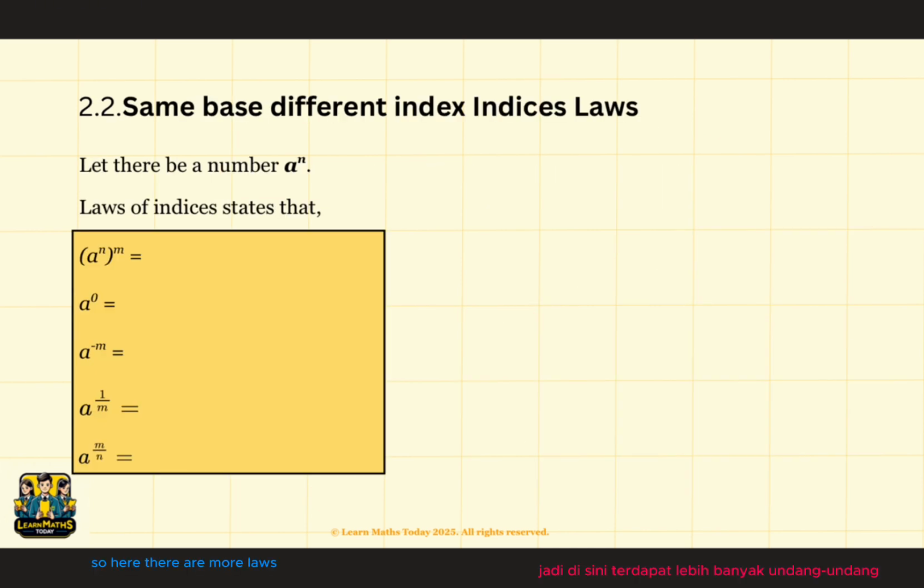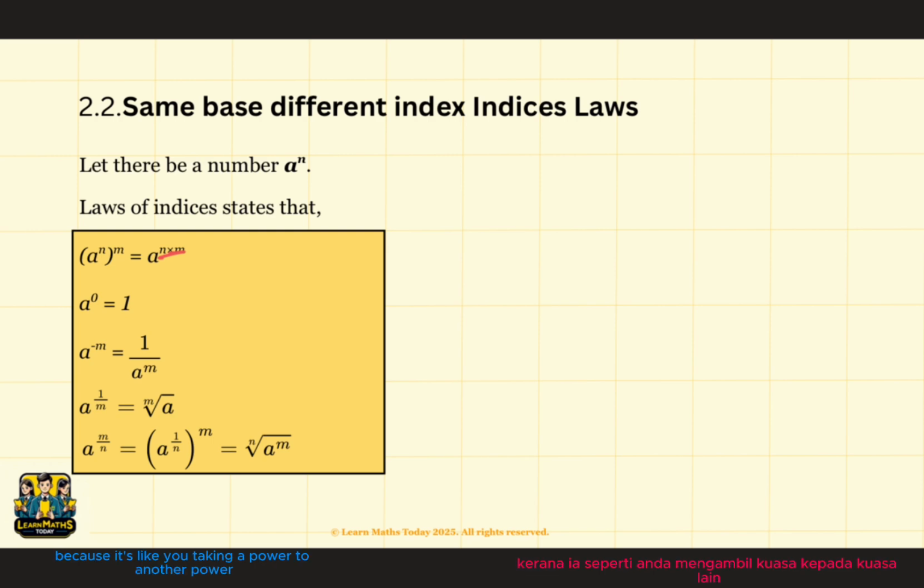So here, there are more laws which are easy to identify and use. So here are the expressions. If it's a to the power of n bracketed and then there's an m outside, you multiply it, because you're taking a power to another power, so you multiply the powers together. Now, anything to the power of 0 will always give you 1, no matter what number a is.